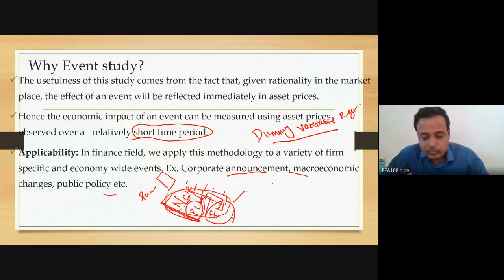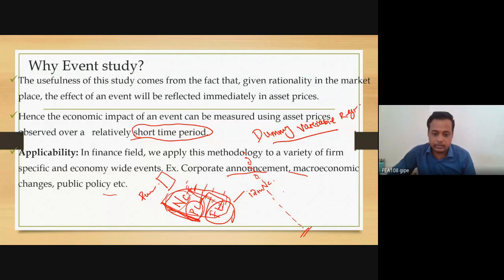Suppose night curfew has started from, say, 12th March. Before 12th March you give 0, after 12th March you give 1, for whatever number of data points you have.